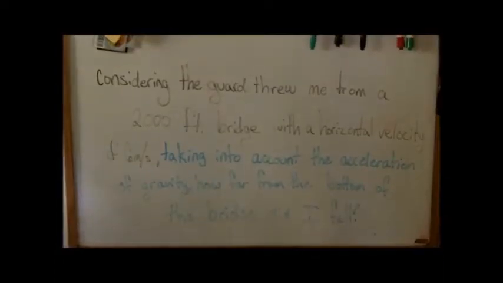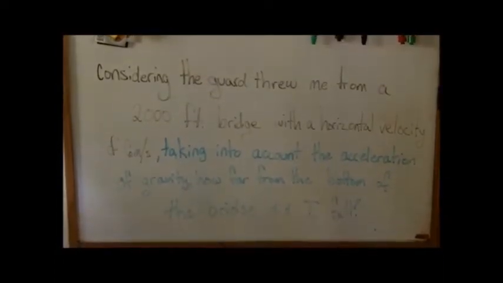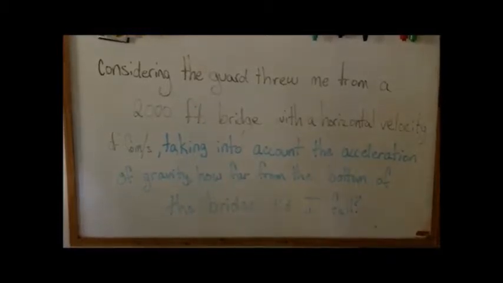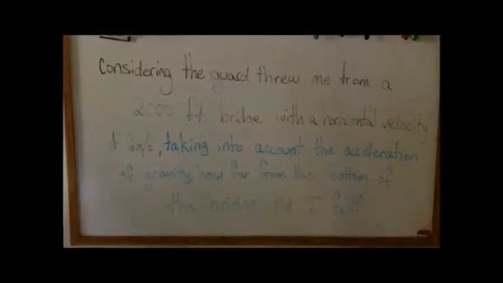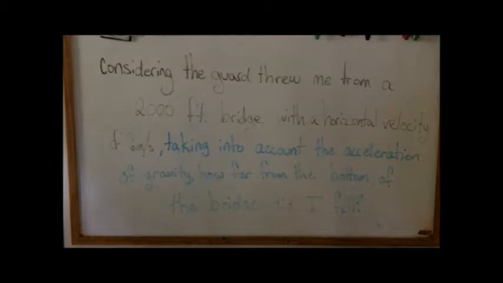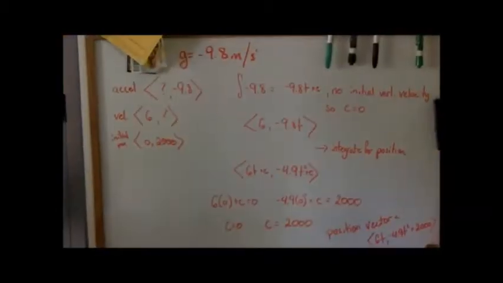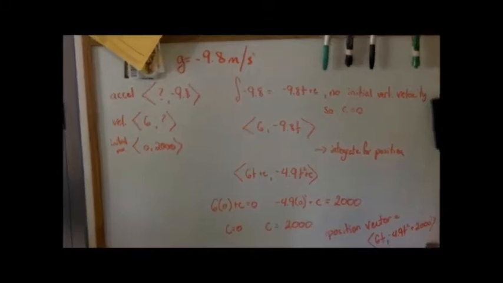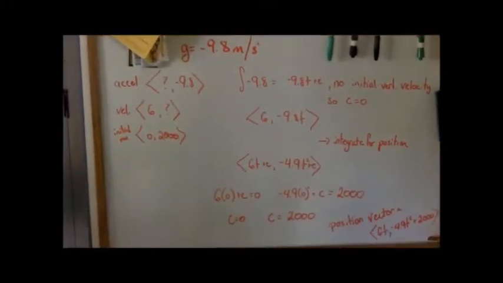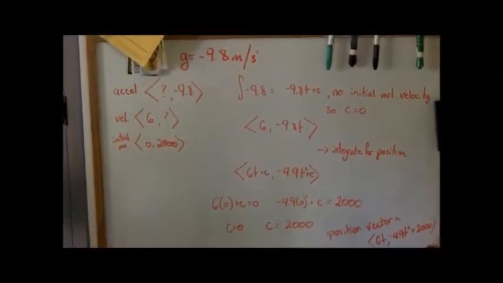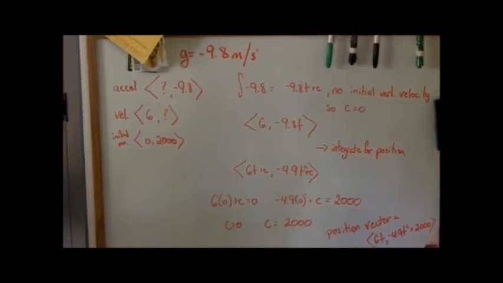Alright, considering the guard threw me from a 2,000-foot bridge with a horizontal velocity of 6 meters per second, taking into account the acceleration of gravity, how far from the bottom of the bridge did I fall? Alright, so to find the position of a fallen object, we have to use vectors. Now we have information from 2 different types of vectors given to us in the problem.